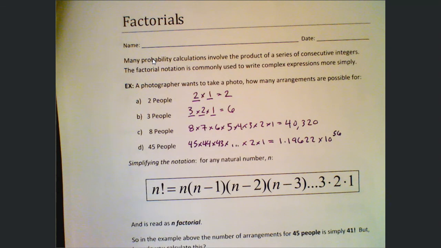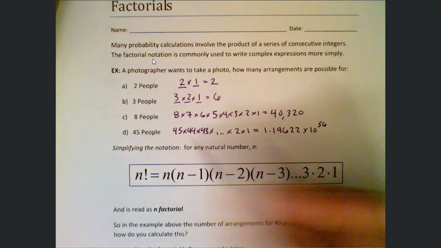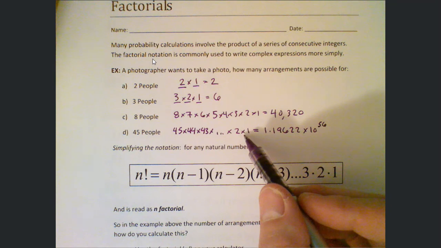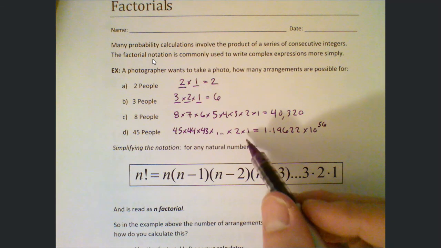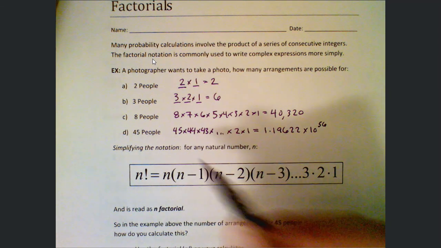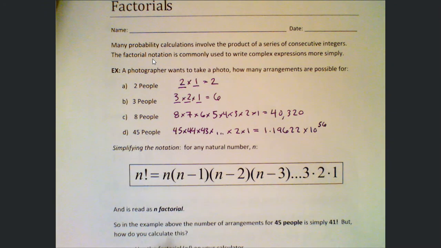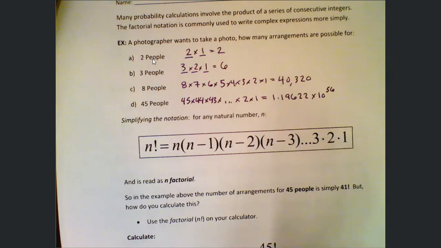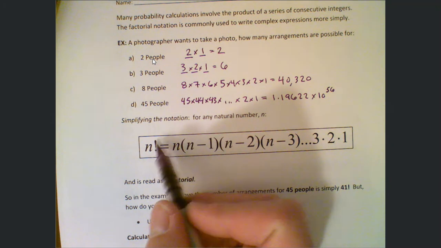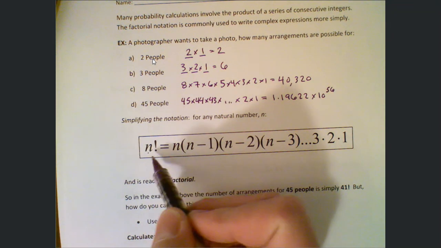Okay, so how did I figure that number so quickly without multiplying all these together? I used a calculator, and the calculator has a special function. They call it the factorial notation. So if you have some natural number, 0, 1, 2, 3, 4, 5, 6, 7, 8, 9, 10, and so forth, you can write it as n factorial.